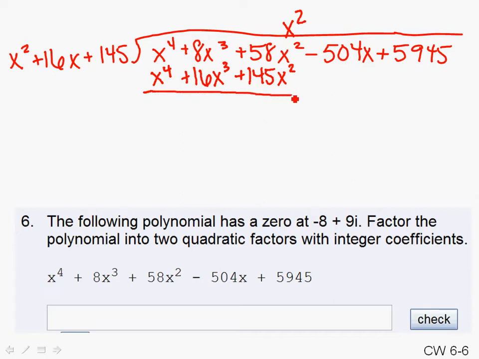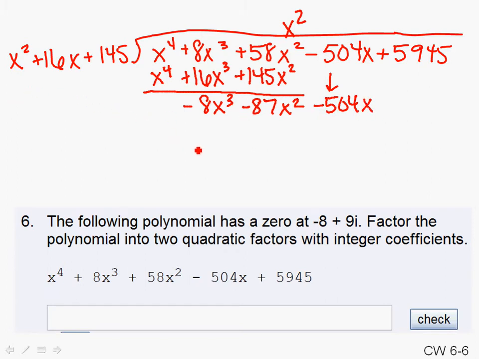Subtracting those terms from the ones above them, we're left with -8x cubed and -87x squared. Then we bring down the -504x.